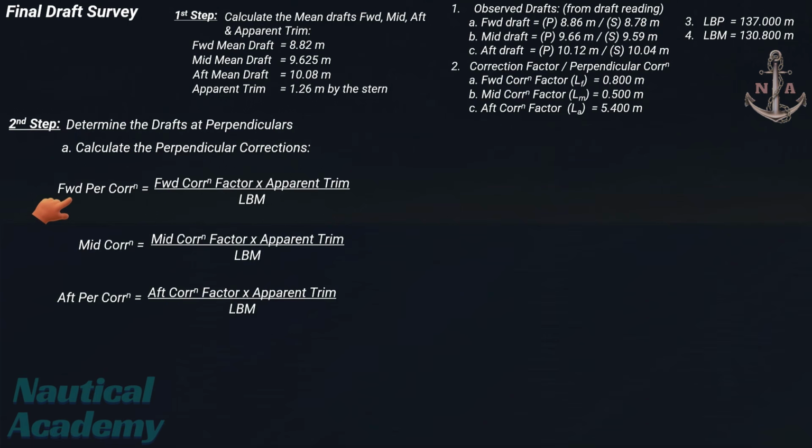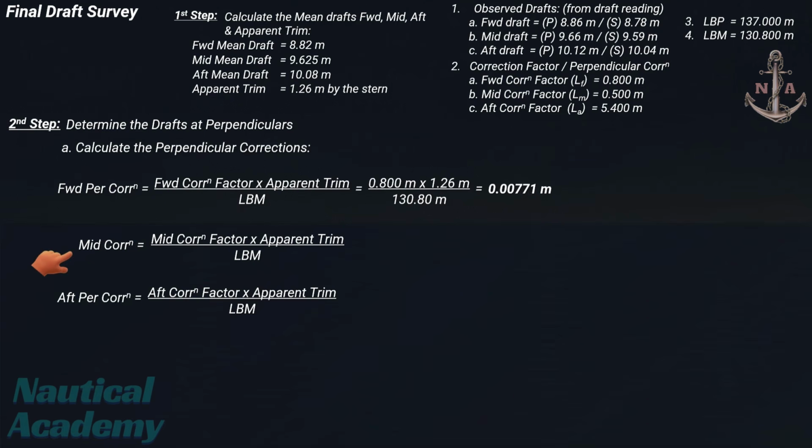For the forward perpendicular correction, multiply the forward correction factor, 0.80 meter, by the apparent trim, 1.26 meters, then divide by the length between draft marks, 130.80 meters. The forward perpendicular correction is 0.00771 meter.